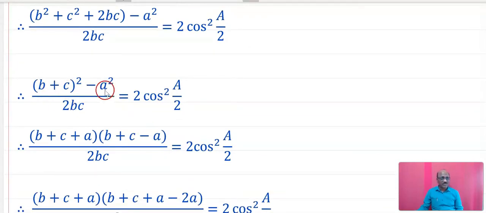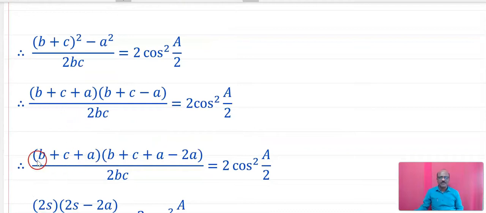Now here it is of the type a square minus b square. In the first we add and then subtract. Therefore here you will get b plus c plus a in first bracket, second bracket b plus c minus a, and again this divided by 2bc is equal to 2 cos square A by 2. Again add here plus a and minus a.